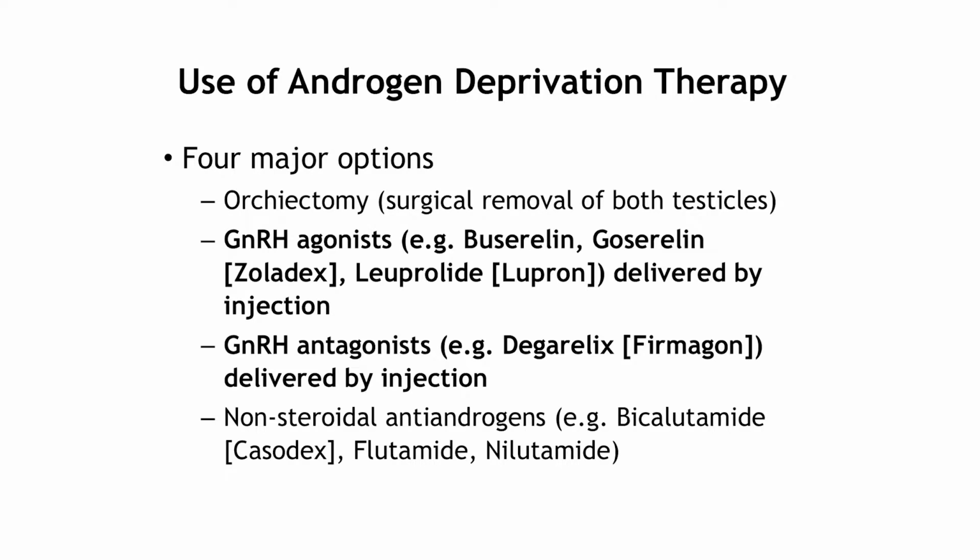And finally, there is a 4th agent or set of agents, which are tablets, called non-steroidal anti-androgens, and they block the action of testosterone in the tissues and in the receptors in the body. They're often used in combination with the injections in order to get not just 95% reduction, but 99% reduction of testosterone.